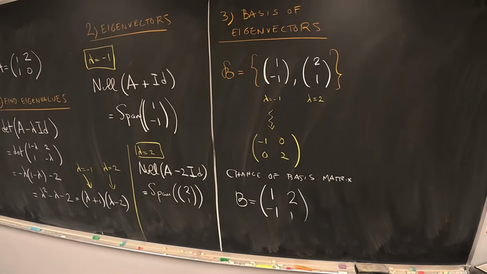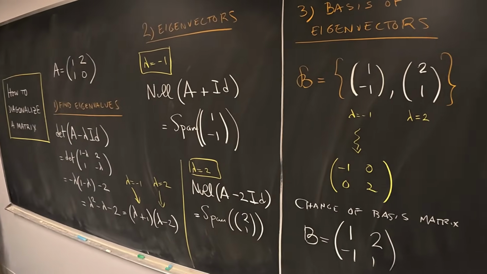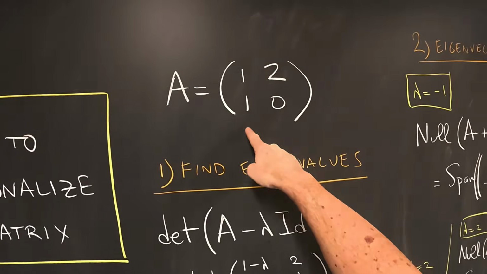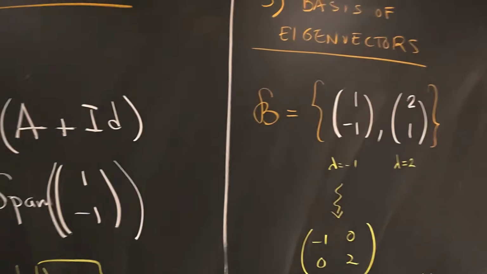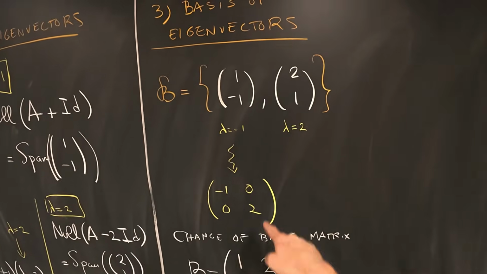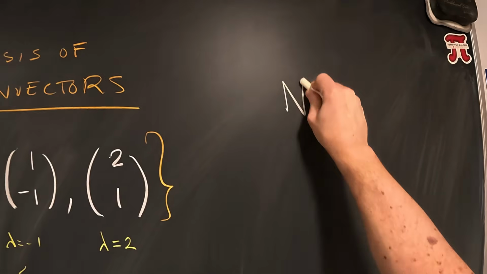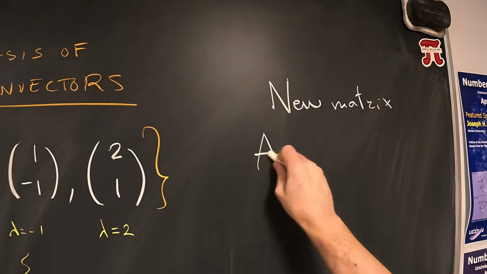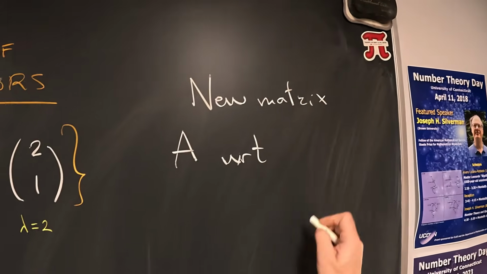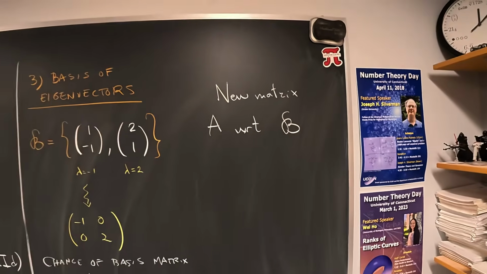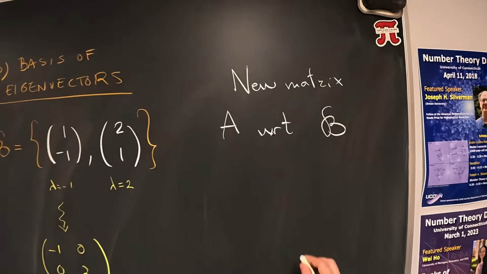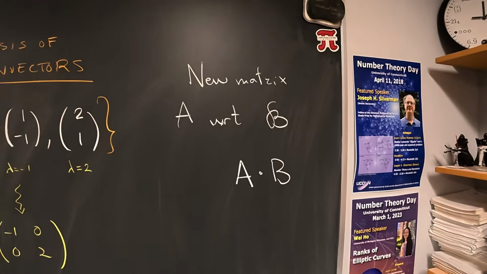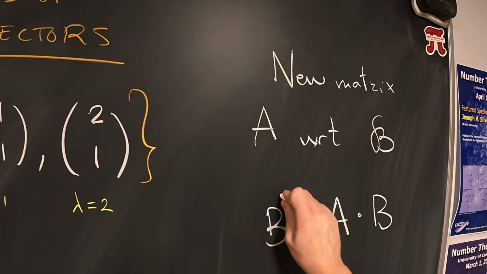This is the original matrix with respect to the canonical basis. If I want to express that matrix with respect to this new basis of eigenvectors, then the new matrix will be given by the inverse of B, times A, times B.